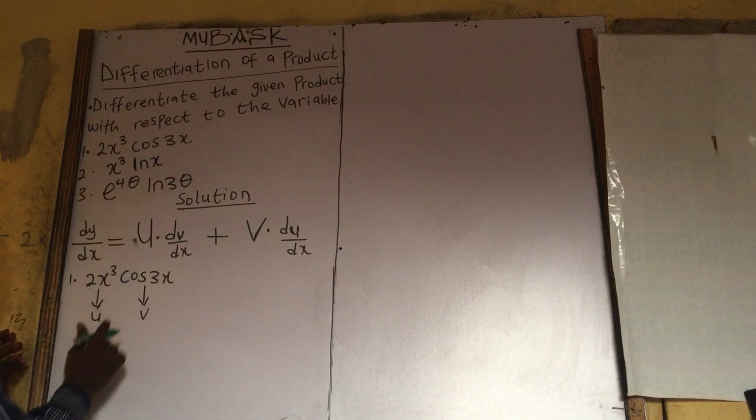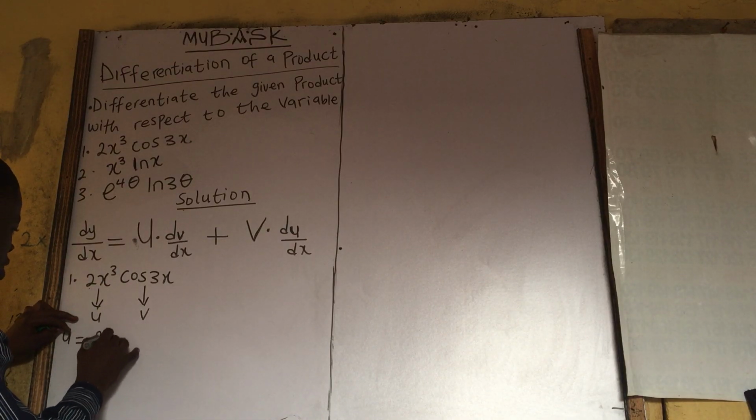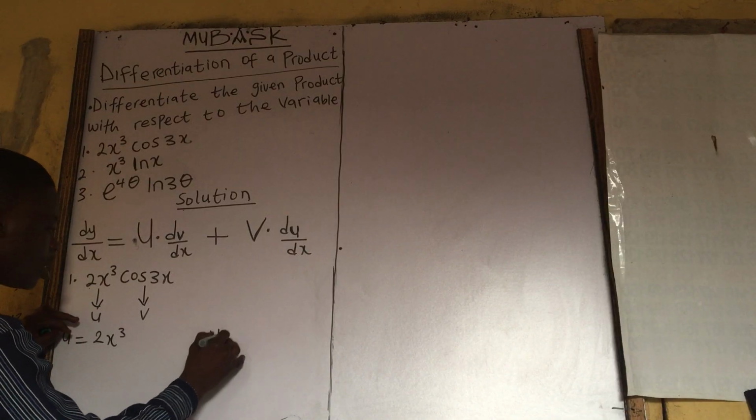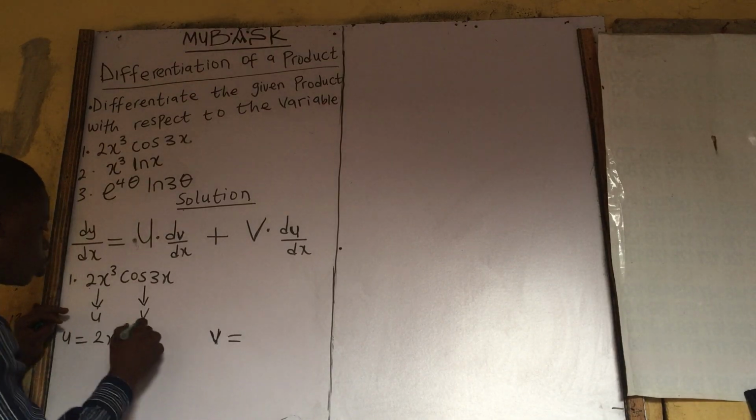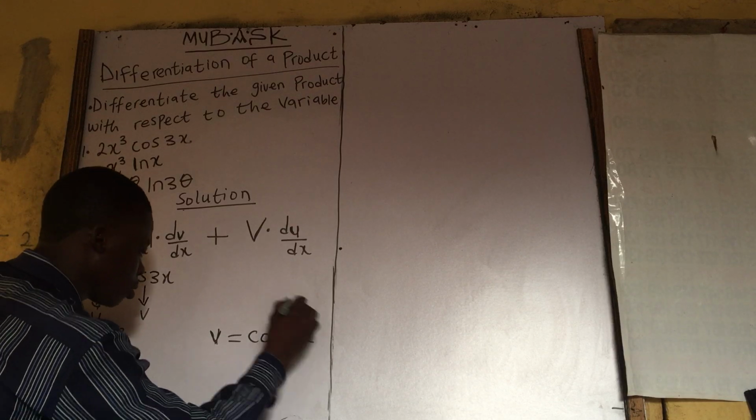That means we are going to apply the product rule. Now our u equals 2x cubed, while our v equals cos 3x.